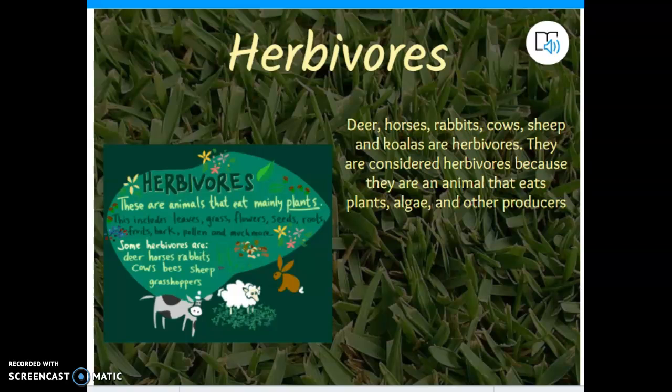Herbivores. Now, if I look in the background, I see the grass. Deer, horses, rabbits, cows, sheep, koalas are herbivores. Why are they called that? Because they only eat plants. If you go in the kitchen and you start to cook, you might use herbs. I know last night, I think we used some parsley.